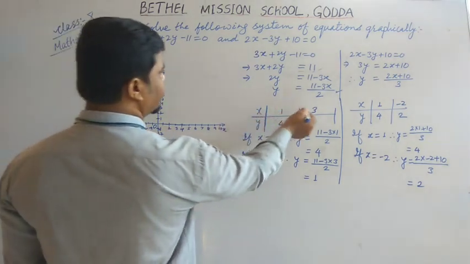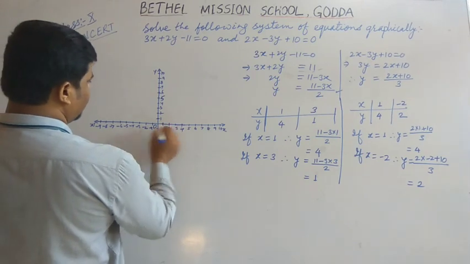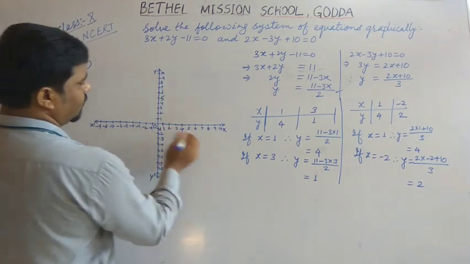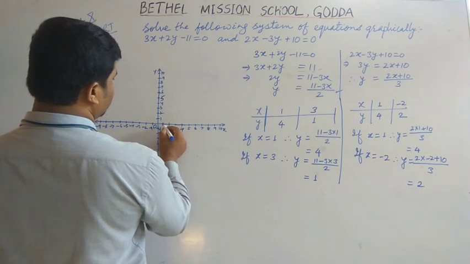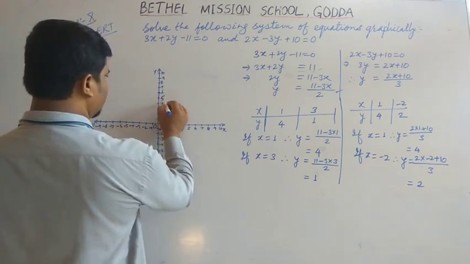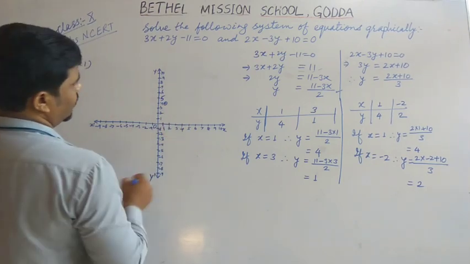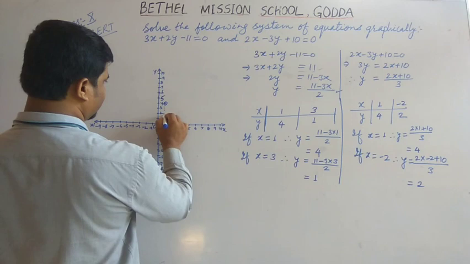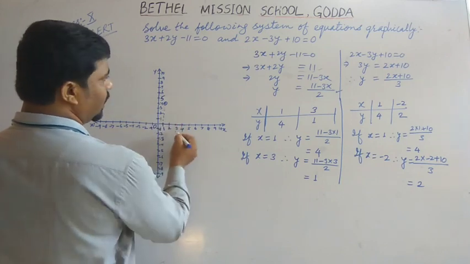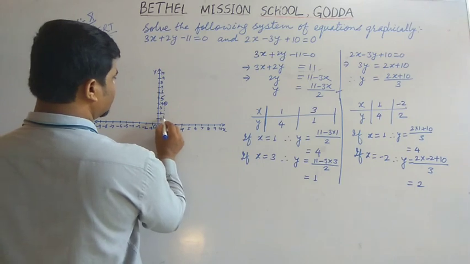So we have the graph, we have to plot these points. So x equal to 1, y equal to 4. So here, this is the point. If x equal to 3, then y equal to 1.